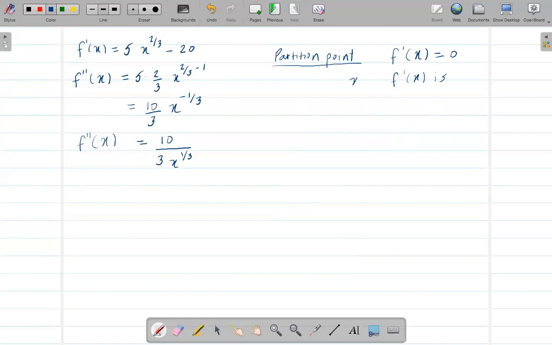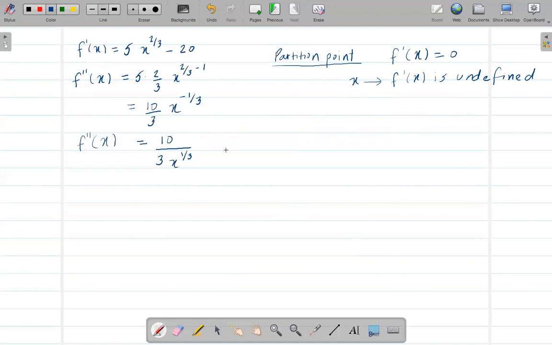You need to find the x value where it will make f prime of x undefined. So the same thing with this f double prime as well, if you have a fraction like this. We need to find what value of x makes this f double prime undefined.